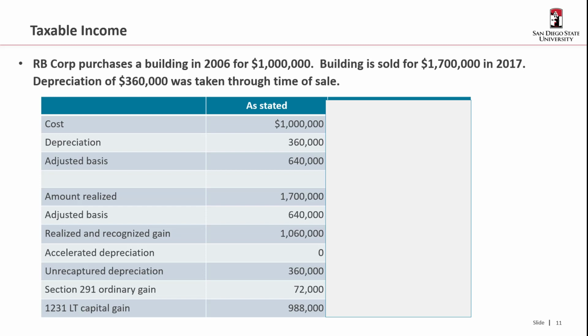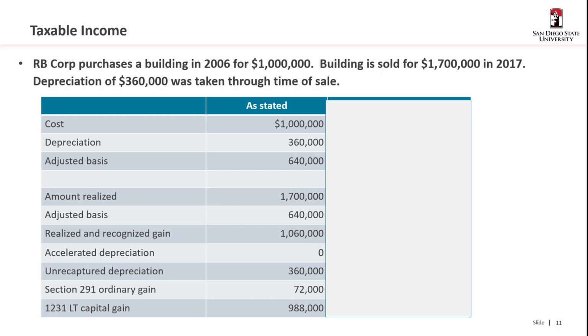There's been no accelerated depreciation, recall, for years and years and years. So that means pretty much all the depreciation is straight line. That means that it was all unrecaptured. We're going to recapture, to the extent of the gain, that depreciation amount. Well, the gain is well in excess of the unrecaptured depreciation. So as a result, under 1245, we would treat all $360,000 as ordinary.